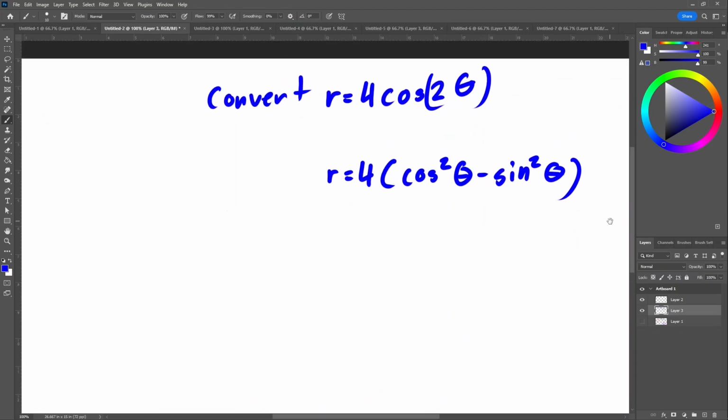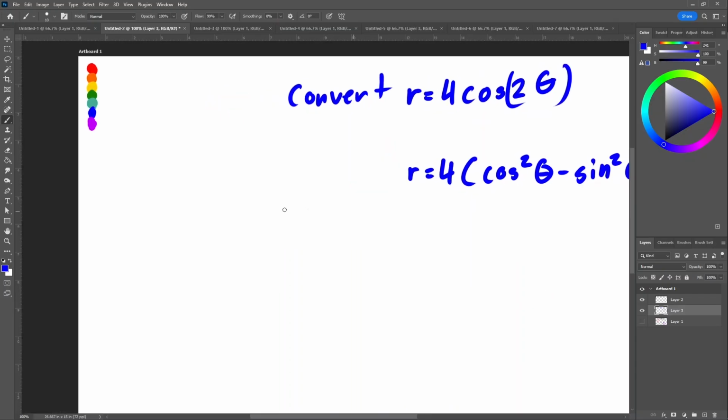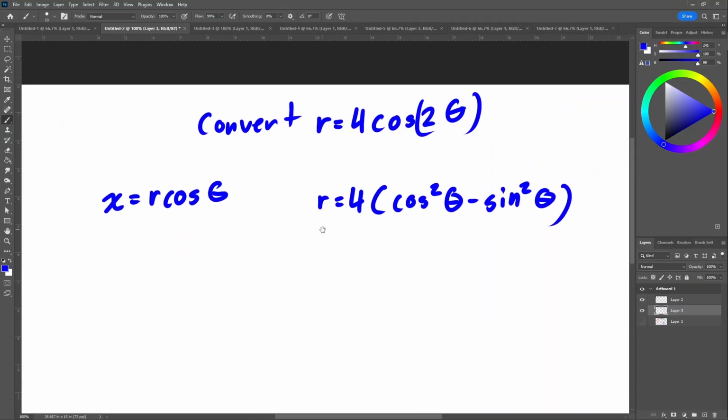And then our second step would be thinking back to the last page where we had x is equal to r cosine theta. We can manipulate that to x over r is equal to cosine theta.